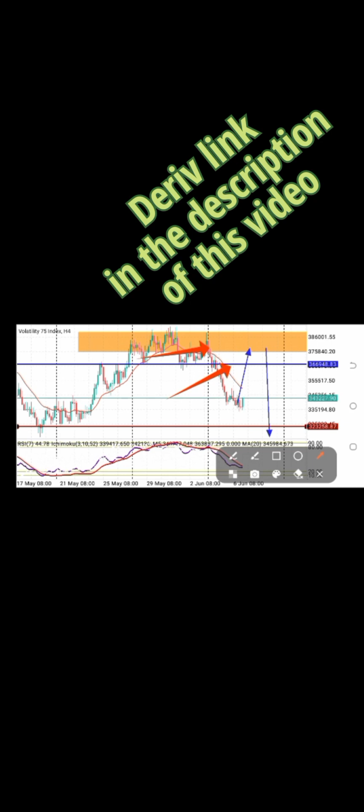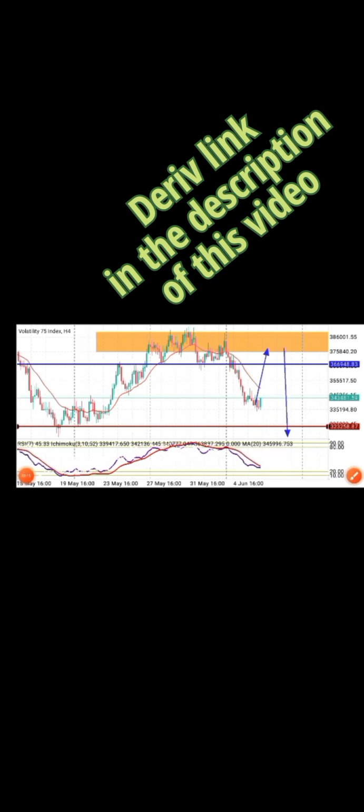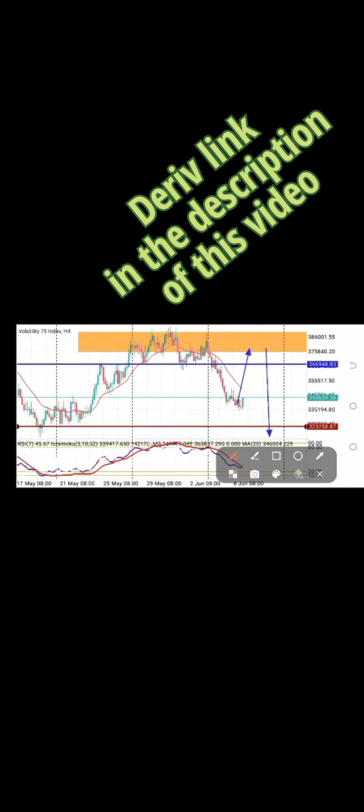So we have to be patient and wait for what price action is going to tell us. We follow what price is going to tell us. We do not follow what we think. We just wait and see how the market will play out. So you may be wondering, why have we marked this zone? You can see this was respected here, respected here, respected here, here, and it was broken.